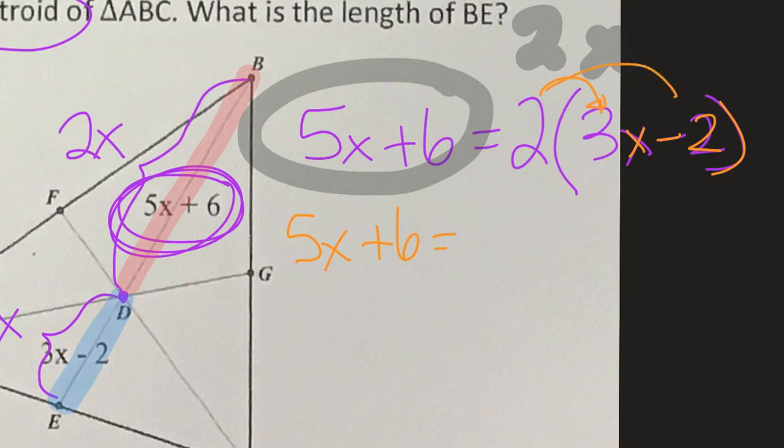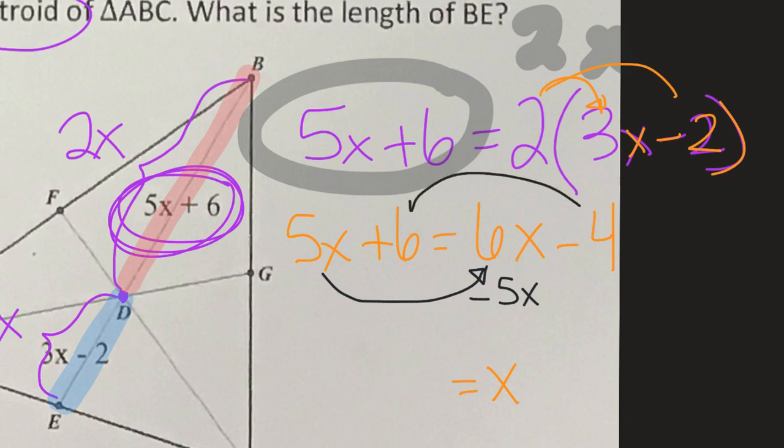Distribute: 6x minus 4. Okay, now let's do some algebra. We got to get our x's on the same side. Let's bring our 5x over to this side because 6 is bigger than 5. So 6x minus 5x is 1x. And then let's bring the 4 over to this side by adding.